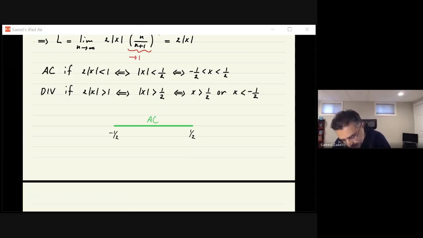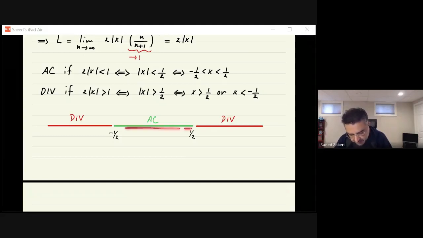This is the x-axis. And if my x is greater than 1/2, or if my x is less than -1/2, I have divergence. So along the x-axis, in this interval around 0, 0 is somewhere here, in this green interval around 0, I have absolute convergence, therefore convergence.